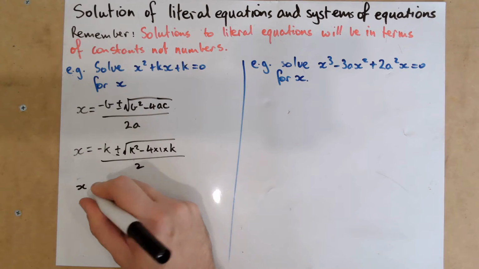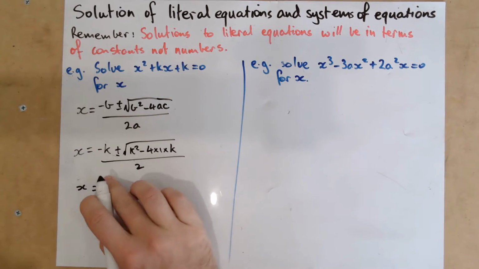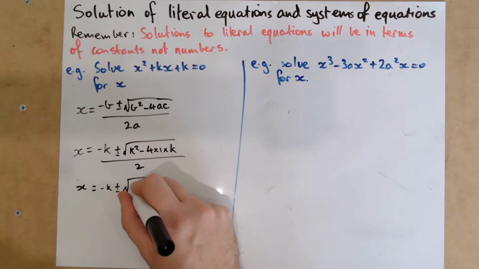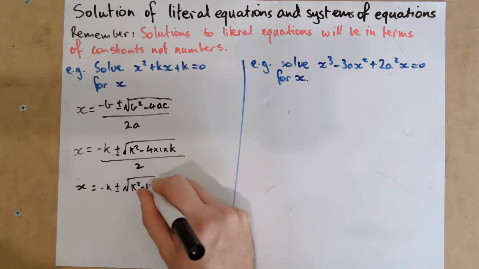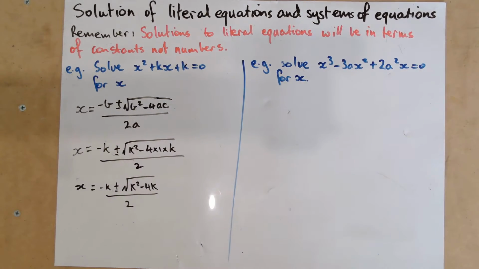So x equals negative k plus or minus the square root of k squared take 4k, over 2. We can't simplify that anymore, so that would be our answer.